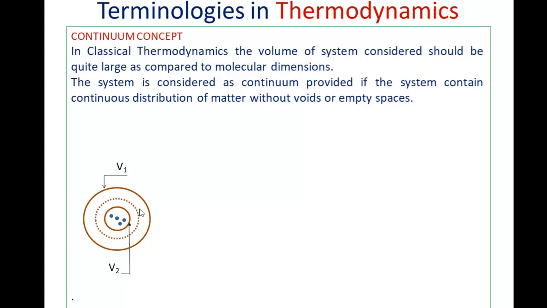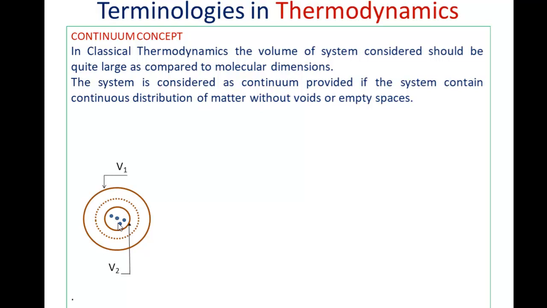If we keep on proceeding by reducing the volume, a stage is going to be reached where the volume of the system is V2, and beyond this, if you reduce the volume of the system, then the density may increase or decrease at any particular instant, because the number of molecules available in the smaller volume is few. The density changes as the volume of the system is less than V2, and the volume is going to contain rarefied gases.